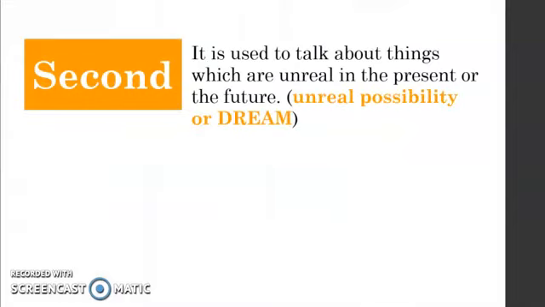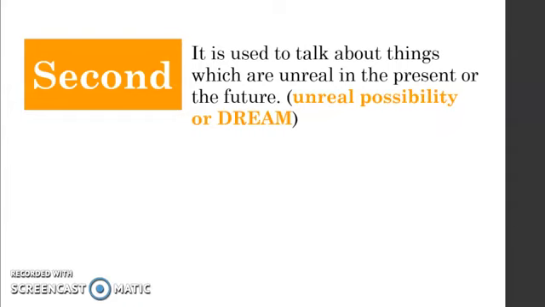And lastly, we have the second conditional. It is used to talk about things which are unreal in the present or in the future. It is also called unreal possibility or dream. This conditional is also like the first conditional because we are talking about the future.